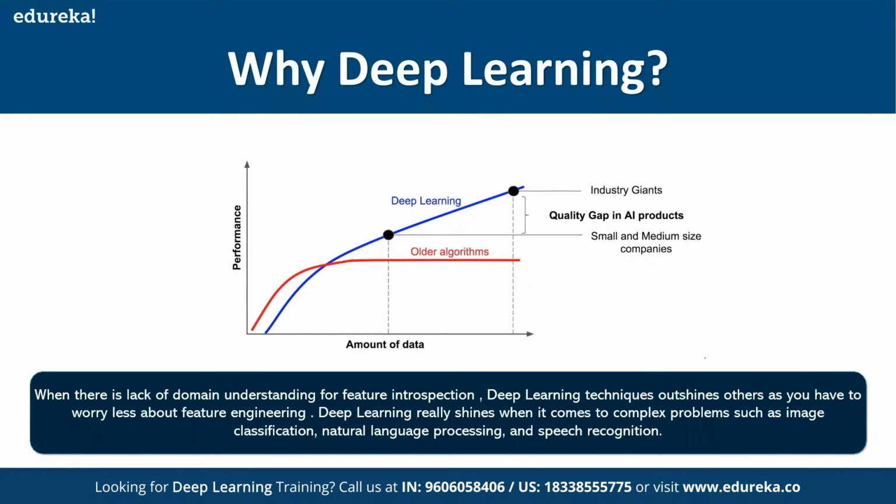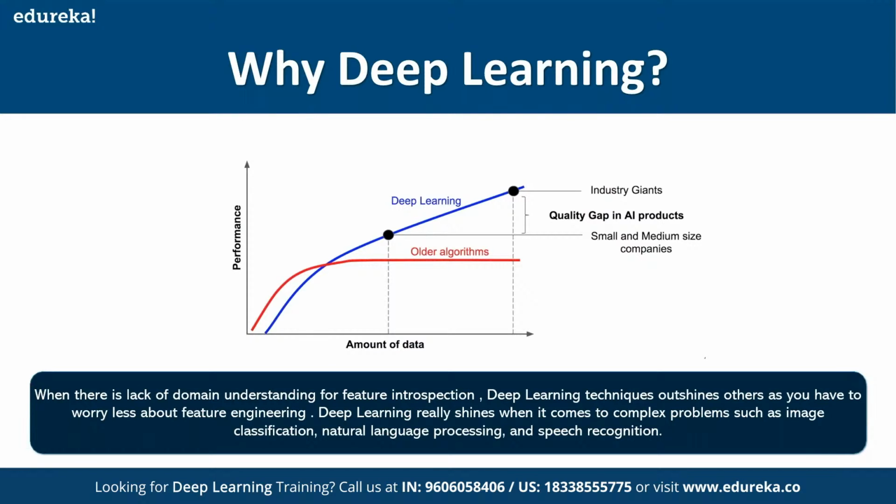All the features and required adjustments are taken care of automatically by the deep learning neural networks. And even as the data size increases, my deep learning model performs better and better as it gets more data, which is not the same with traditional algorithms.